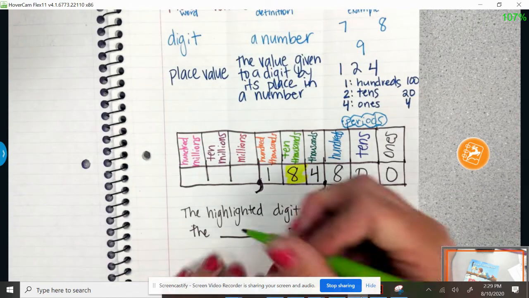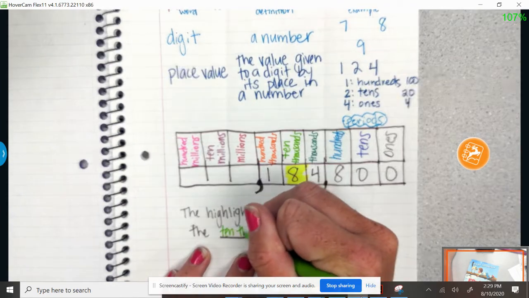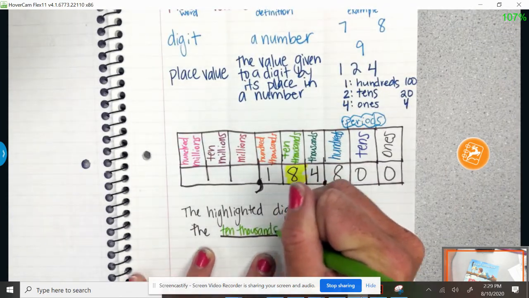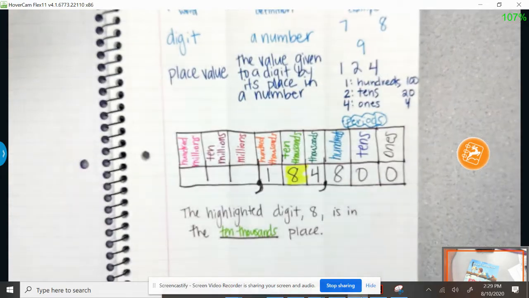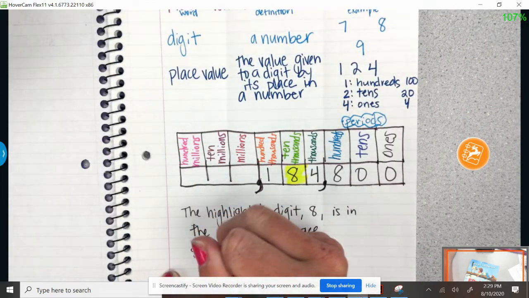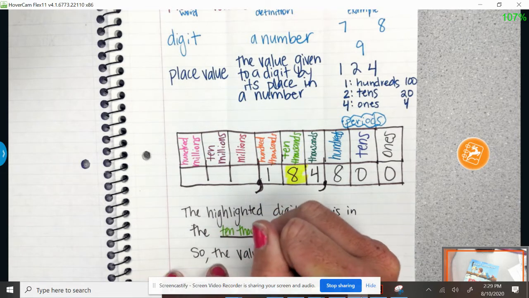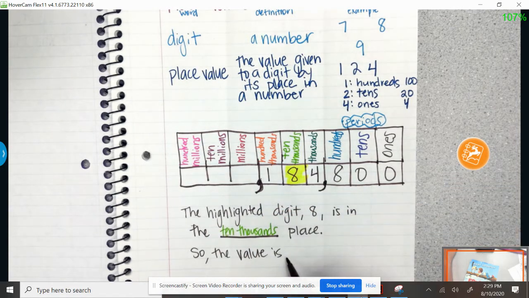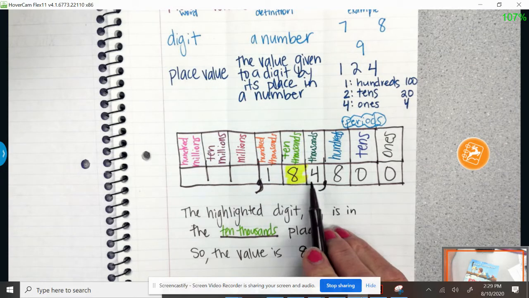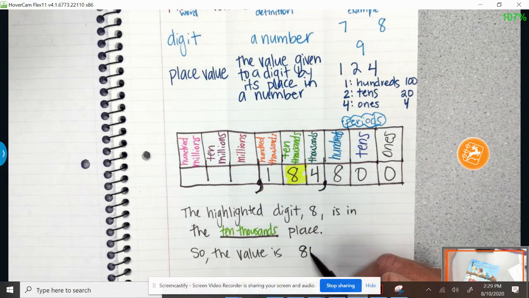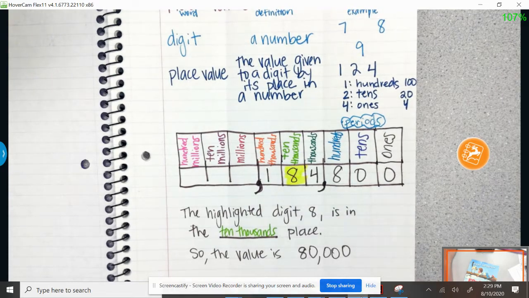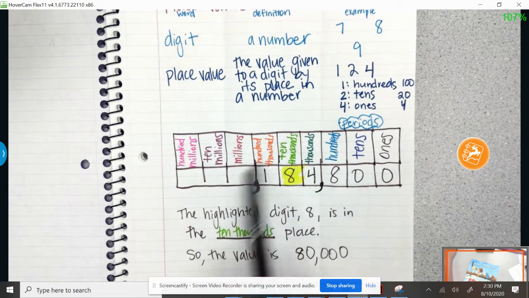It is in the 10,000s place. Okay, so what does that mean? So the value is, you write the number, and then you write how many zeros are behind it. So it's worth 80,000 since it's in the 10,000s place. Okay, so we're going to practice that today and figure out the place of different numbers inside of really big numbers.